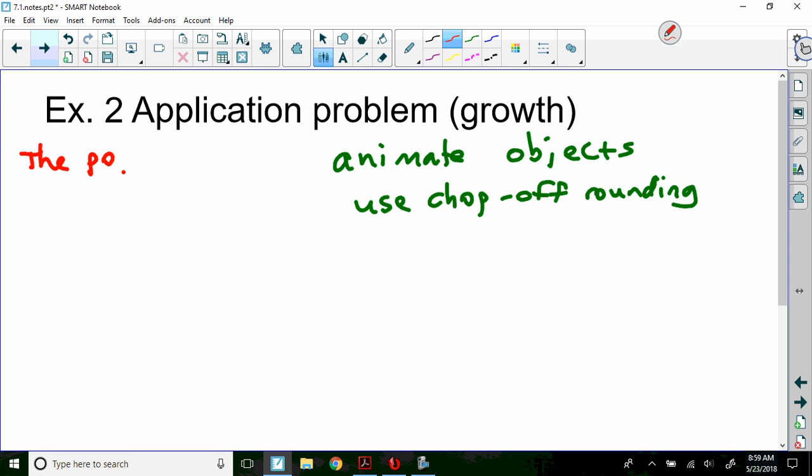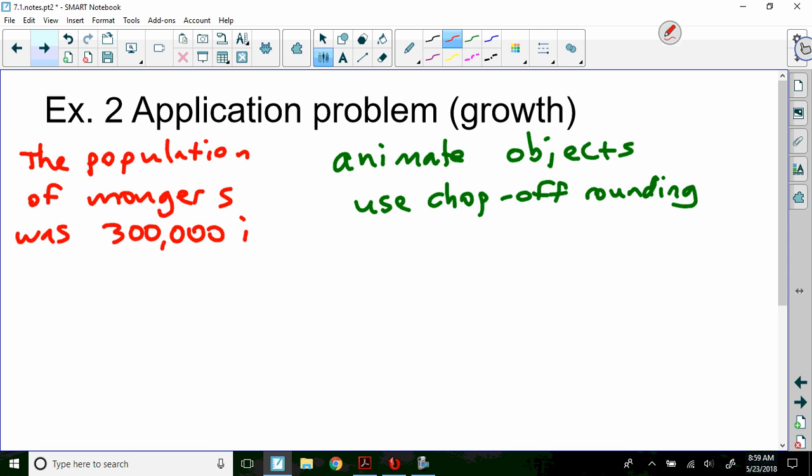So that being said, the population of mongers, I'm just making something up here, was 300,000 in 1975.